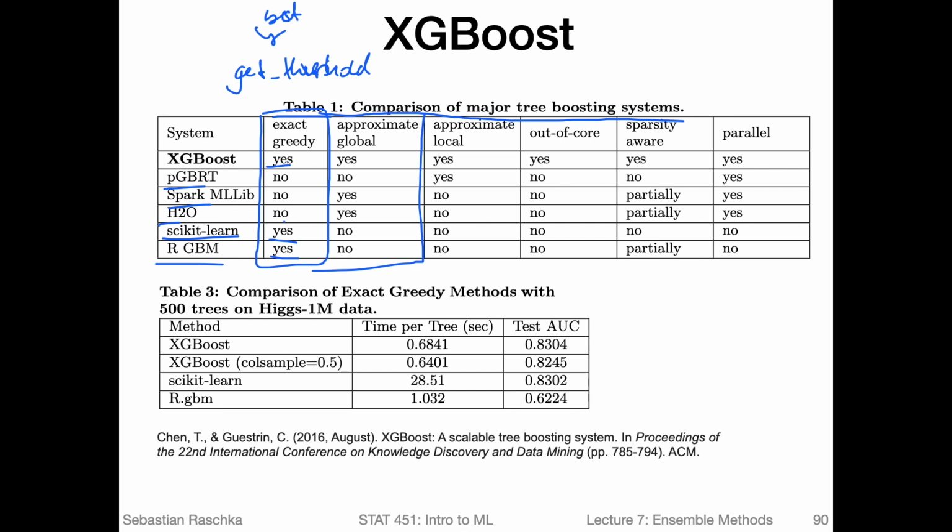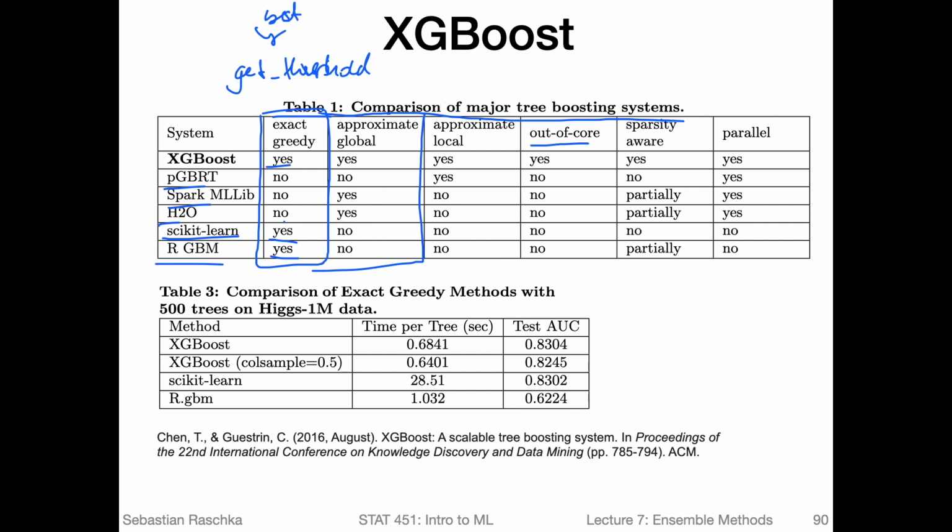So how do you find the best split based on all these subsets? To make it fast, what this approximate method is doing is computing some summary statistics from each dataset subset, and then based on these summary statistics, it approximates a good split. So it's an approximation, and it can also do this approximation locally.